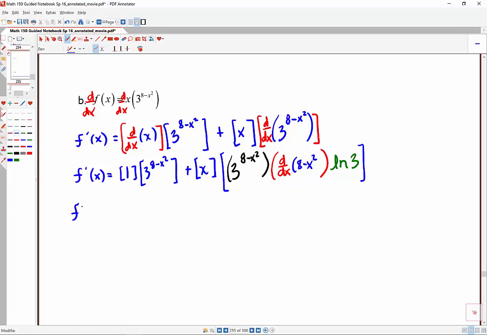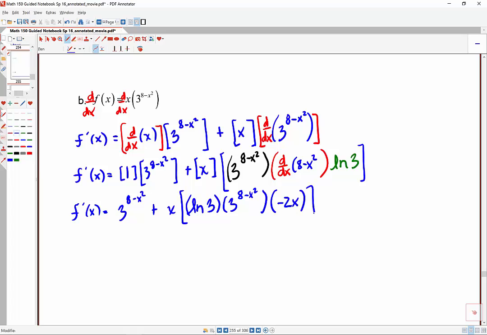So this will give us f prime of x is 3 raised to the 8 minus x squared plus x times natural log of 3 times 3 raised to the 8 minus x squared, and this derivative has a result of negative 2x.